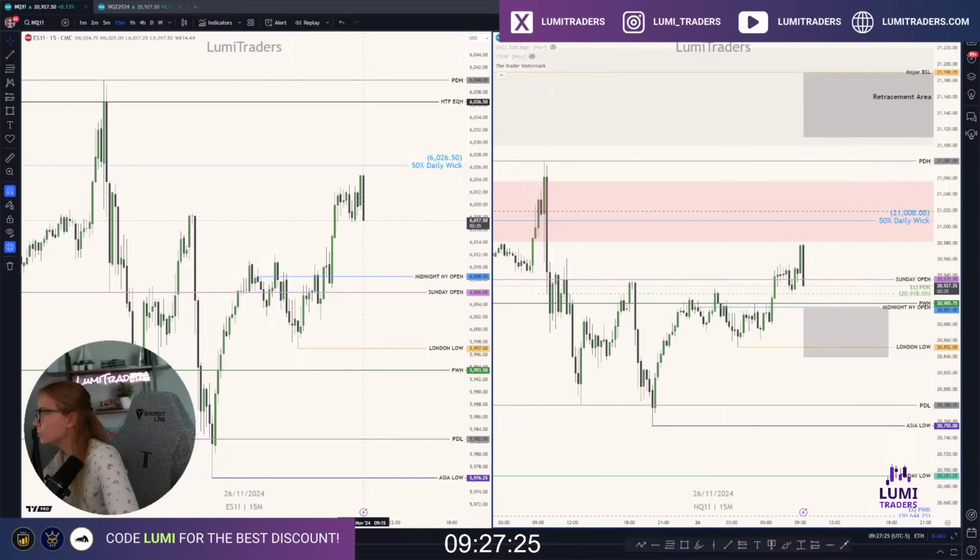Okay, MNQ. Let me adjust to 5 micros. Obviously not going to trade before market open. 5 micros, yeah, 5 micros is enough.